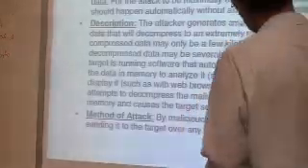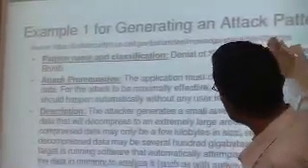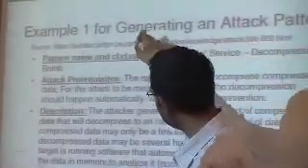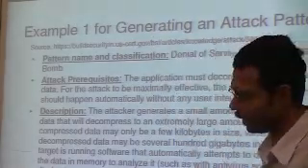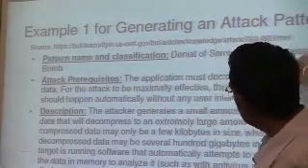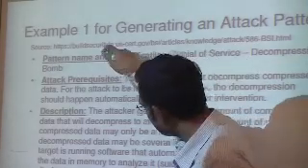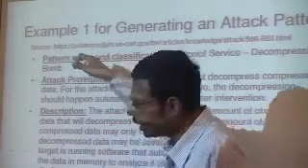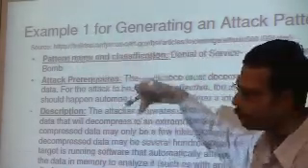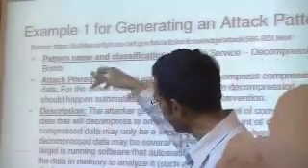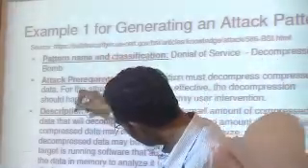So let's see an example. The decompression bomb. Actually, if you go to the site, they have some more examples of writing attack patterns. Again, as I said, an attack pattern is a formal documentation that a software engineer has to develop when developing this application, so it has to have all these components.